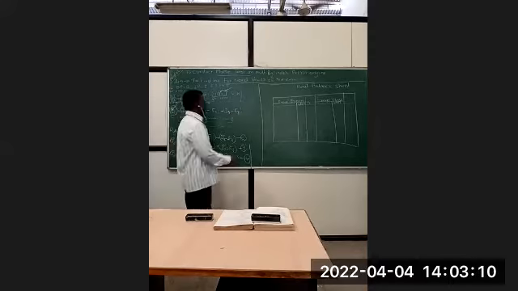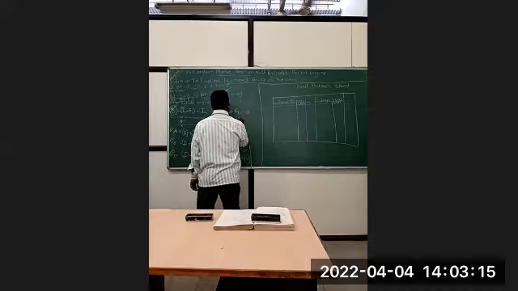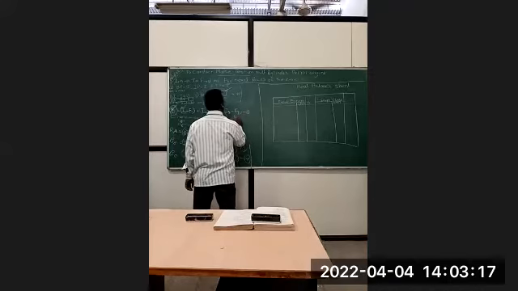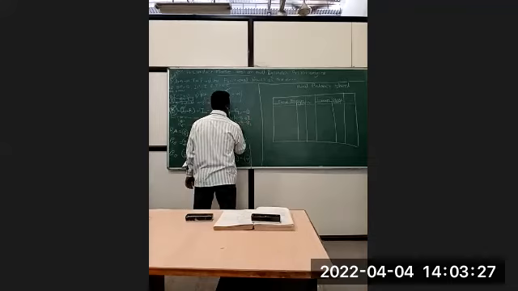And what we did finally was, this equation we called 1, and we said that 1 minus 2 gave us I1, 1 minus 3 gave us I2, and 1 minus 4 gave us I3.